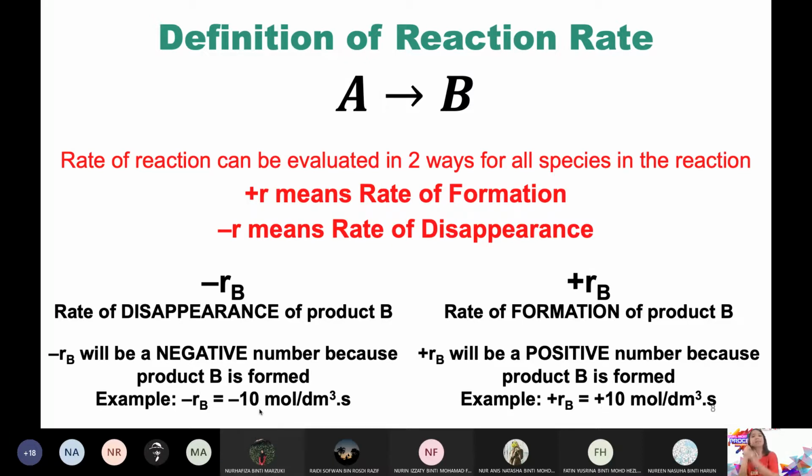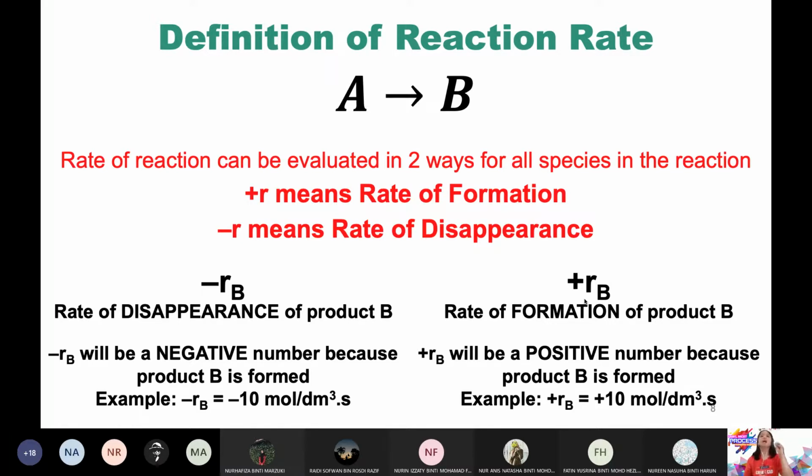On the other hand, if I want to calculate rate of formation of B, kadar pembentukan B. Okay, so rate of formation mesti positive R, right? So untuk species B, positive RB. So R rate positive formation, B is species B. So rate of formation of B becomes positive RB.